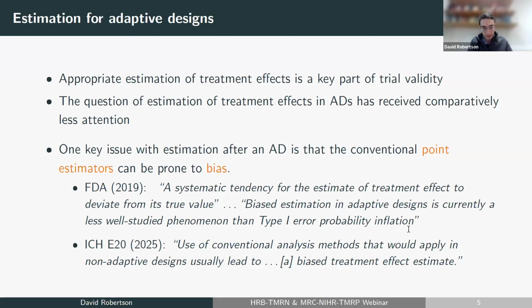And they note that this has received less attention than type 1 error rate control. More recently, there's been draft guidance on adaptive designs from the ICH E20, published last year. And similarly, they also talk about conventional analysis methods that would apply in non-adaptive designs usually leading to a biased treatment effect estimate.